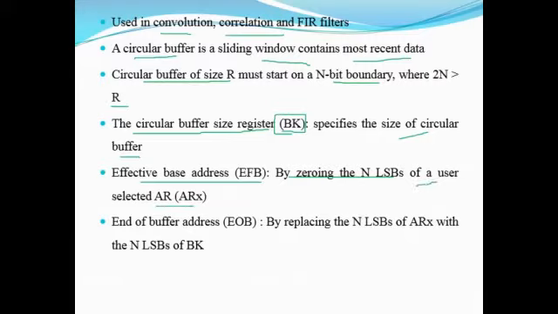So the effective address is identified by setting to zero the LSB bits of a user selected auxiliary register. Then the end of the buffer address. We consider the start of the buffer address and normally the end of the buffer address. They are obtained by replacing the N LSBs of ARX with the N LSBs of the buffer register. This is what we do if we consider the instruction used for the circular buffer.